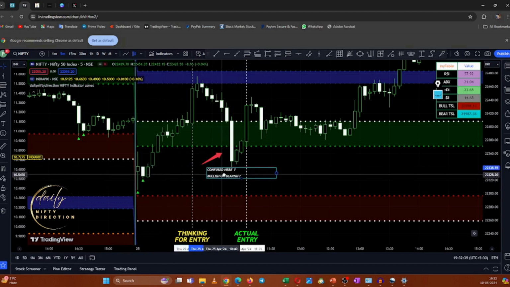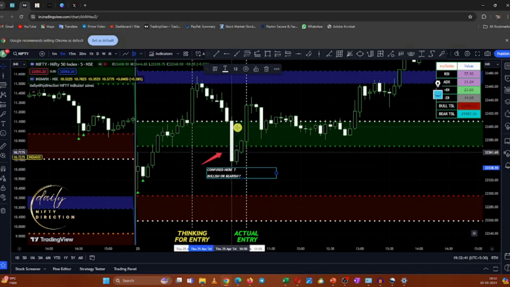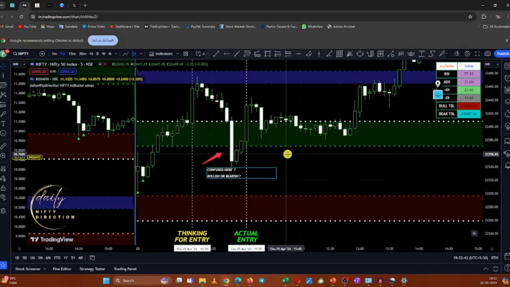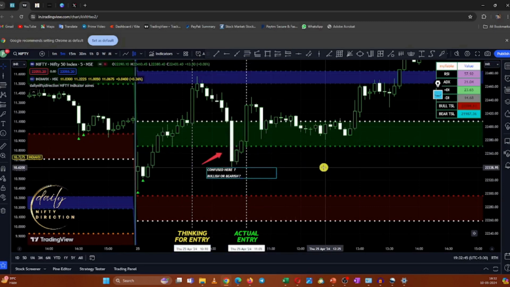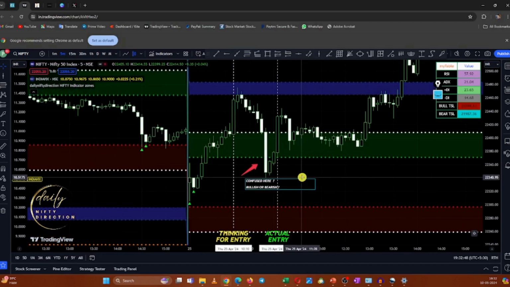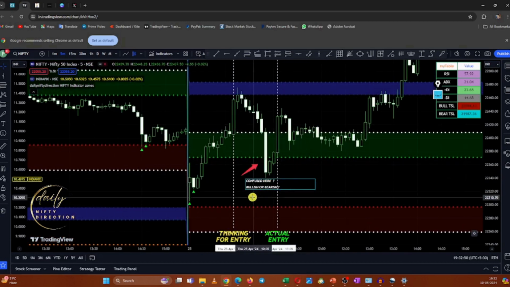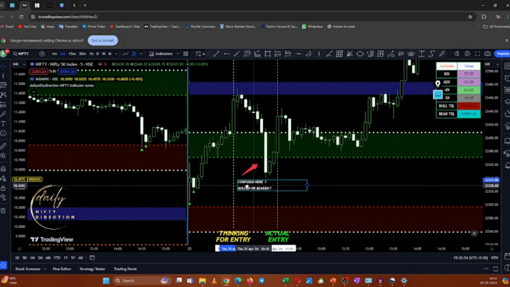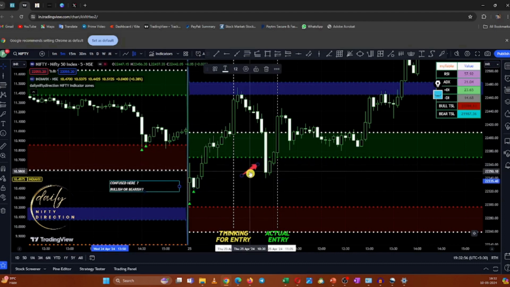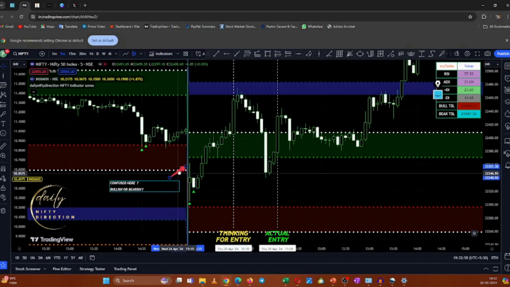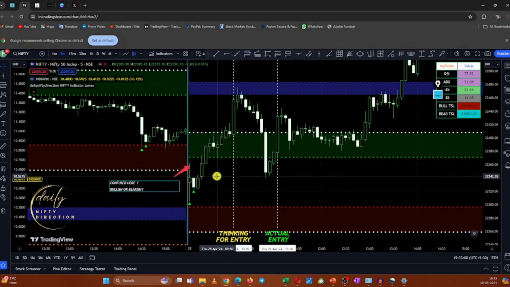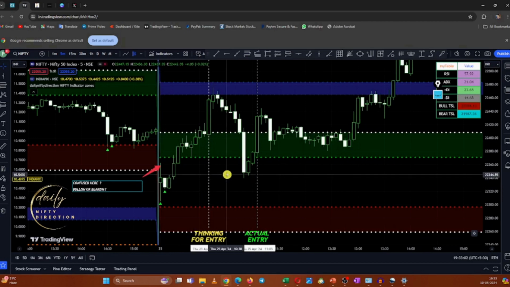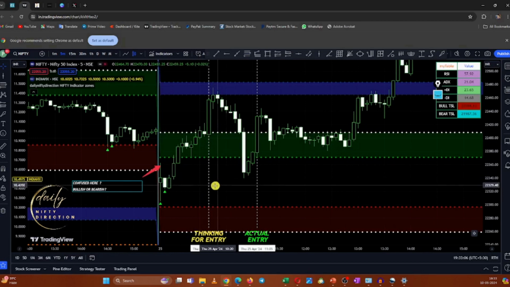You are confused after this big volume candle appeared and broke your zone again, and your zone was not respected here. You are confused whether it is going to go down or going to go up. So how will you decide, how will you make the judgment whether it is going to go up or down?